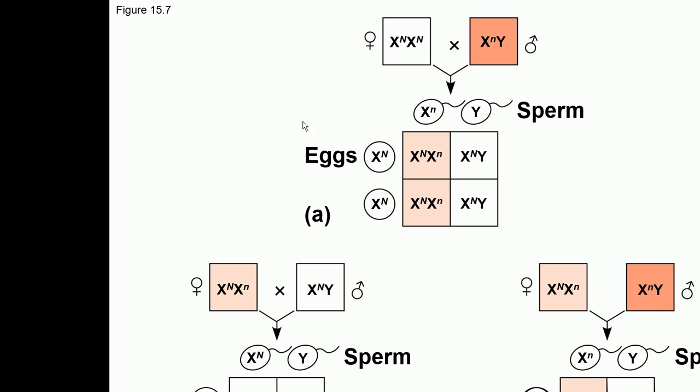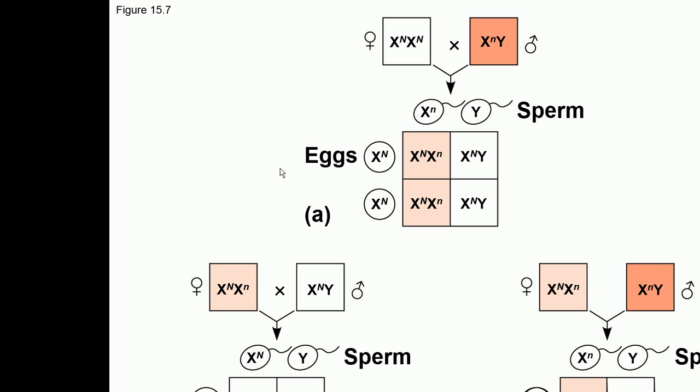If the first egg combines with the X sperm, it is going to be a daughter. One allele will be normal, another mutated. So this daughter is going to be a carrier. She is not affected, but she is the carrier. If the egg goes with the Y sperm, it is going to be a son, and the allele on the X chromosome is normal, so this is going to be a normal son.